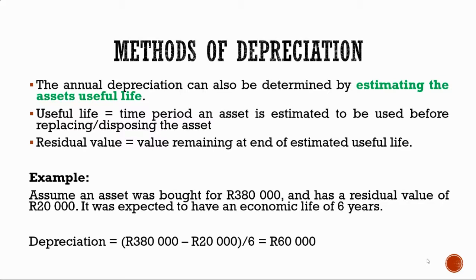If we convert that to a useful life, it means that car's useful life, according to us, is 4 years. Okay, now in a question, they can either give you a percentage or a useful life to work out your depreciation. Now, the useful life is how many years do I estimate I'm going to use that asset for.